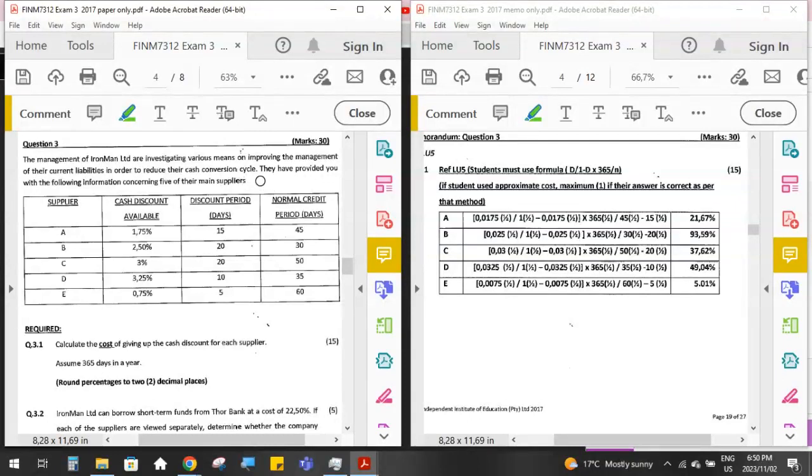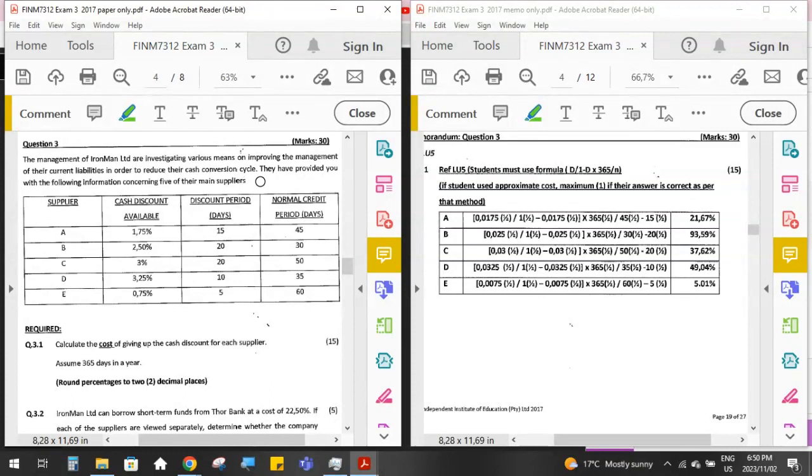So remember, our suppliers, this falls under accounts payable days. And the longer our accounts payable days are, in other words, the longer we take to pay our accounts payable, the fewer number of days our cash conversion cycle is in total, because we've got RD plus ARD minus APD.